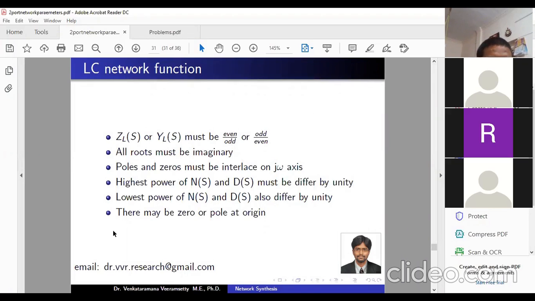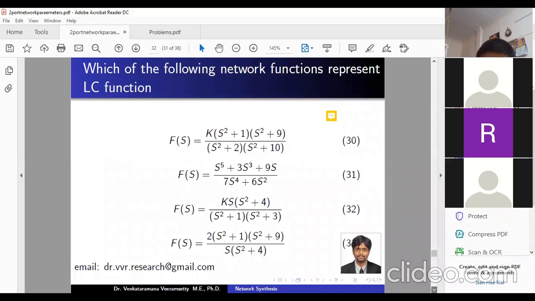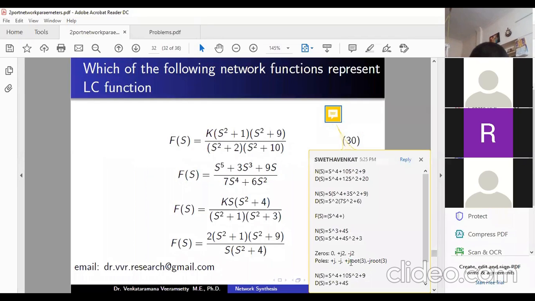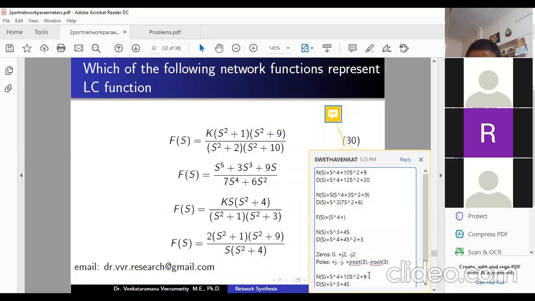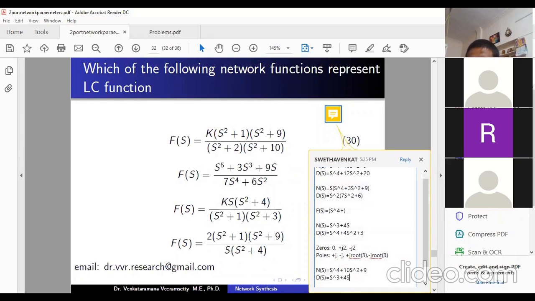Whereas the second, third and last one we can decide after calculating the roots. Now go to the fourth and fifth. The highest degree in the numerator and denominator must differ by 1, and the lowest degree must also differ by 1. In the numerator the highest degree is 4, in the denominator the highest degree is 3, so the difference is 1. Similarly, the lowest degree in the numerator is s power 0, that is 0, and in the denominator s power 1, that is 1, so the difference is again 1.